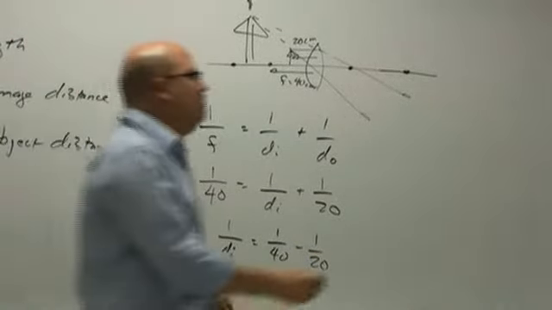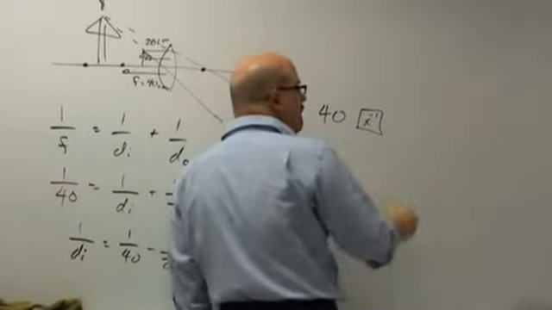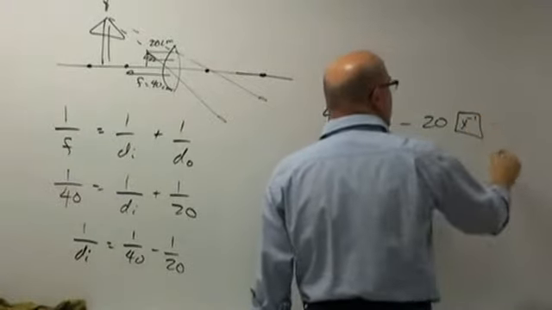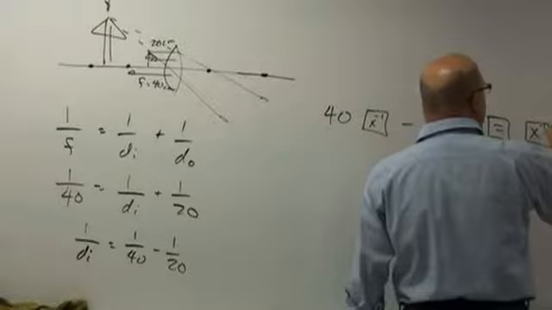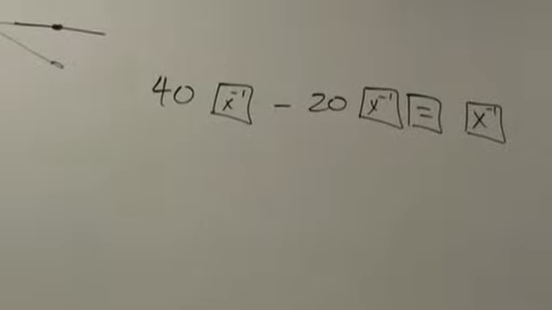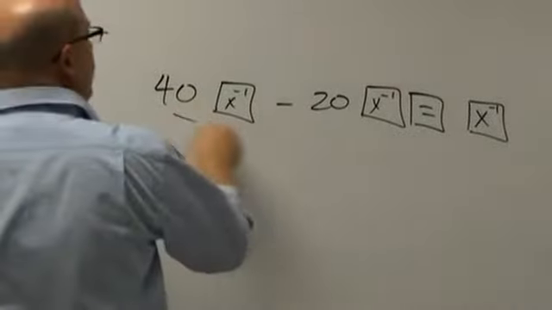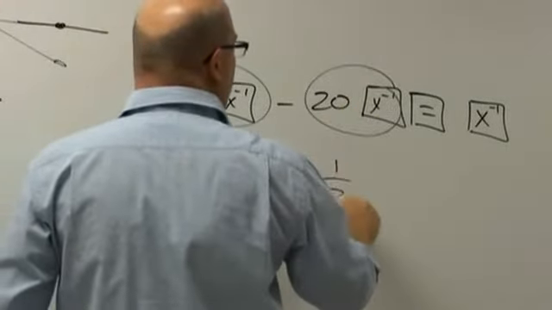Calculator, here's what you do. 40, reciprocal button, minus 20, reciprocal button, equals, and then reciprocal it again. Invert it one more time. I just do parentheses and division. You can do that, but this is much faster, because this produces 1 over 40 and this produces 1 over 20.